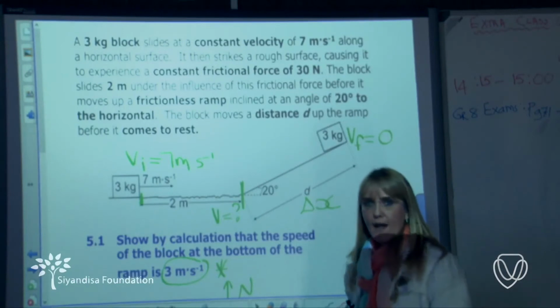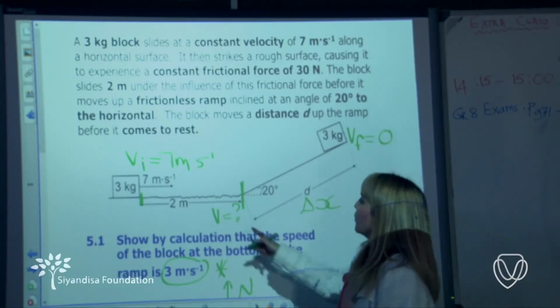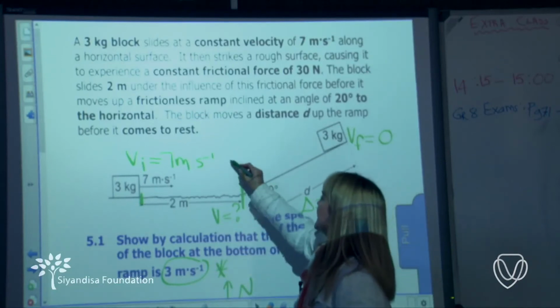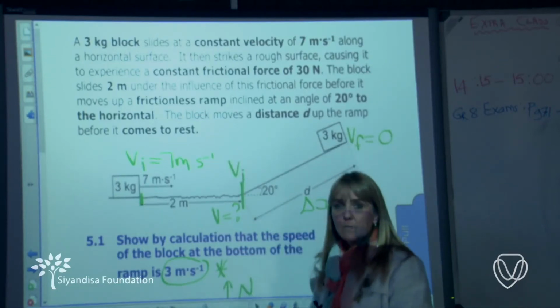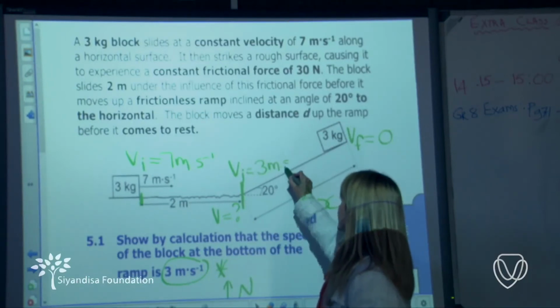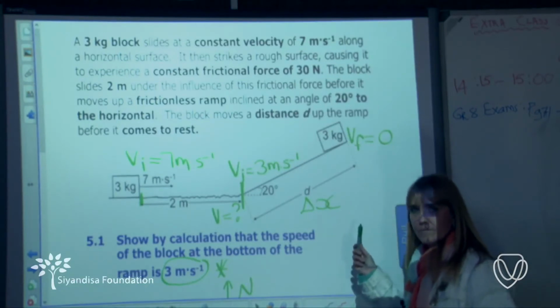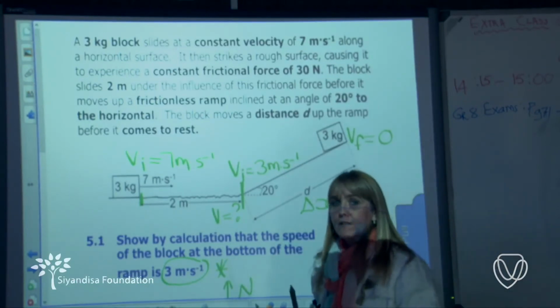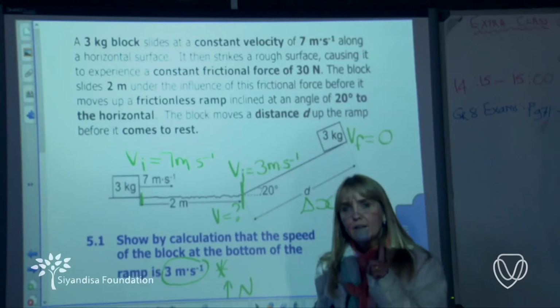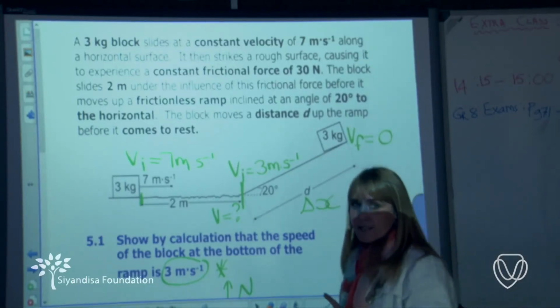What information do you have? You now have a whole lot of new information. We have just calculated that the initial velocity at the bottom of the ramp is equal to 3 meters per second. We also know the final velocity at the top is 0. We also know that there is only one force acting parallel to the slope. There are other forces acting on the object.